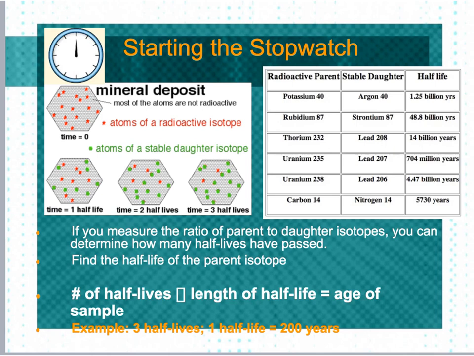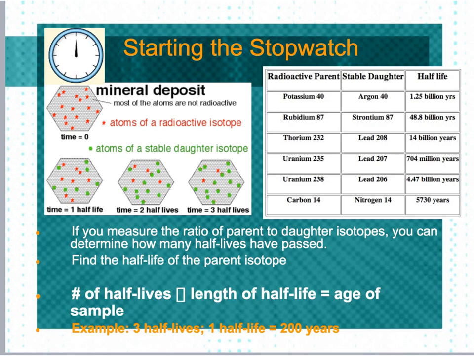So what starts the stopwatch? When a mineral is deposited, and this is going to be really important, most of the atoms in a mineral are not radioactive. So when we look at a rock, we take a look at the specific minerals and the atoms in the mineral. I'm not going to go through how they do all of that, but you need to know that most of our minerals are not super radioactive.